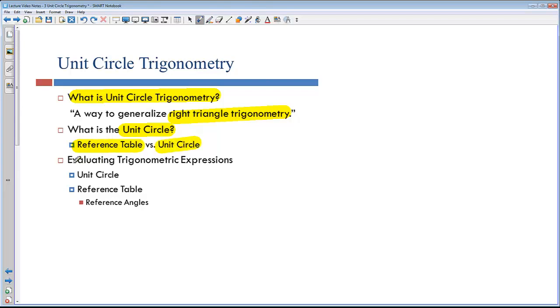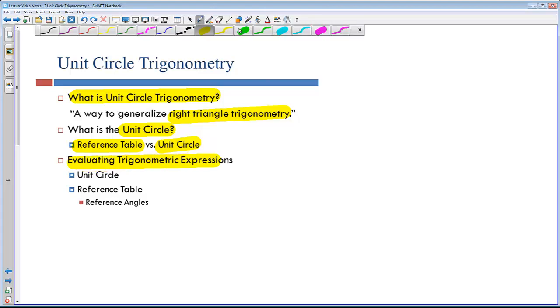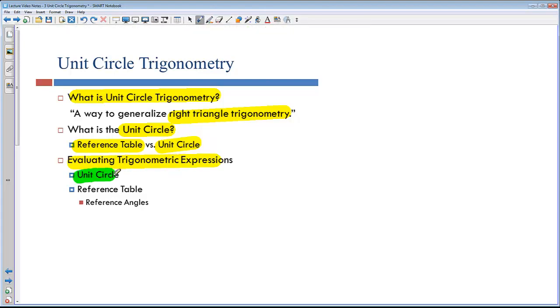And then how do we use them to evaluate trigonometric expressions? And so remember, yes, the unit circle is nice, but if you don't have the unit circle, you have to develop it. So when we develop it, we just develop enough so that we can use it to solve the problems, and that's basically using the reference table. And that's sort of the idea of working with unit circle sorts of trigonometry.